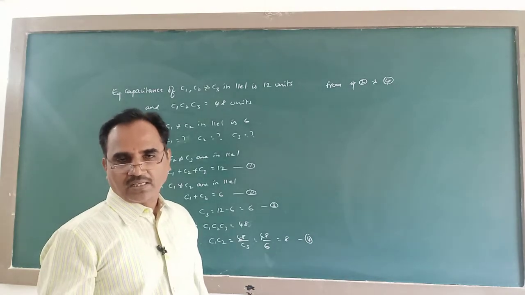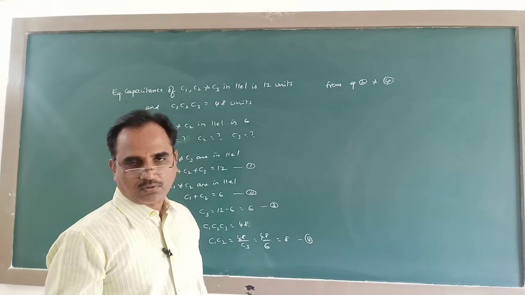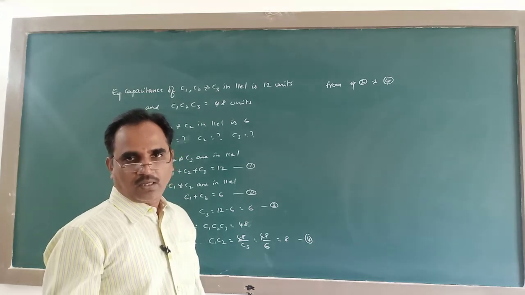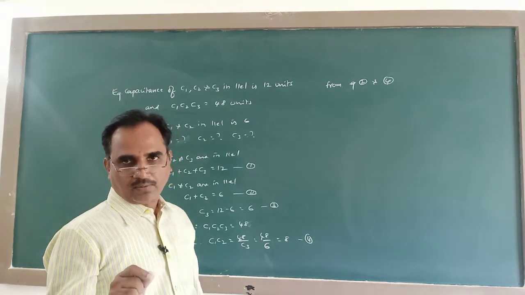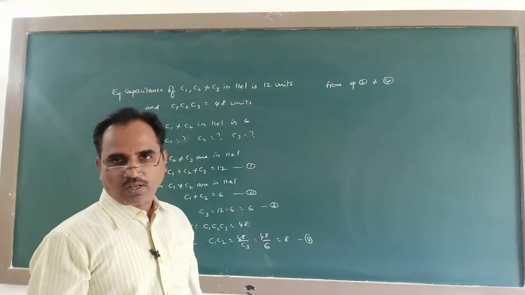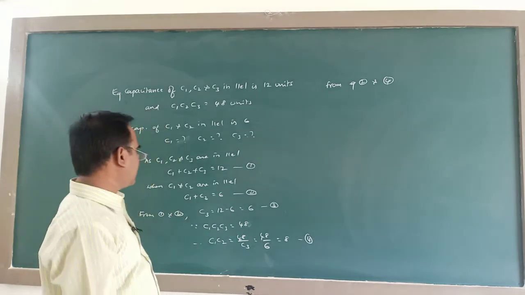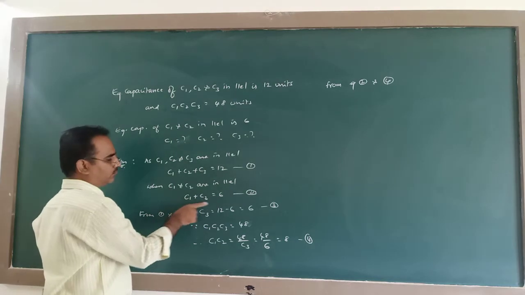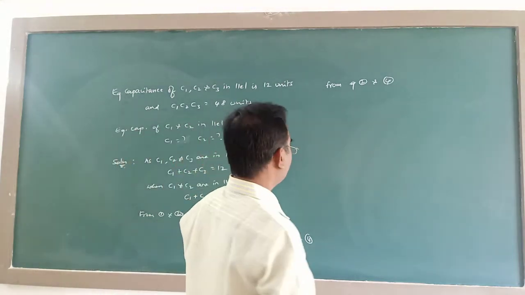So by finding the roots of this quadratic equation, you can find C1. Then you will get C2. In case you are unable to solve a quadratic equation, then by using this A minus B whole square formula, you can get A minus B. So here this A plus B is known. By solving those two, you can get C1 and C2.